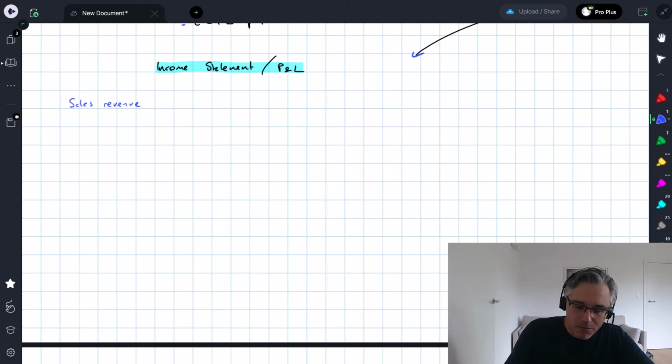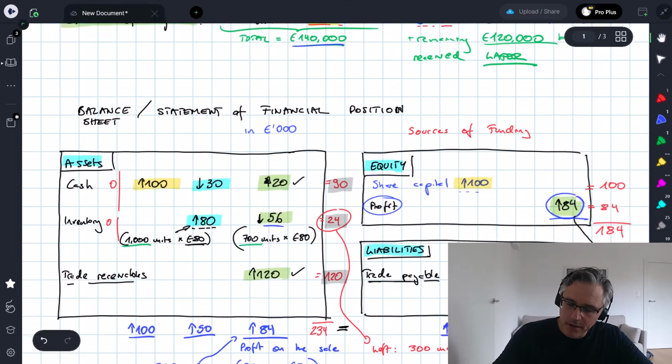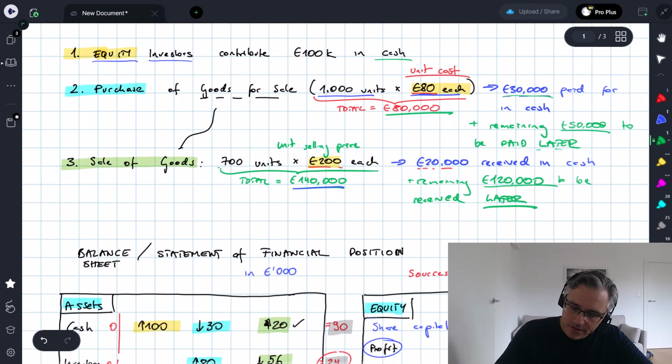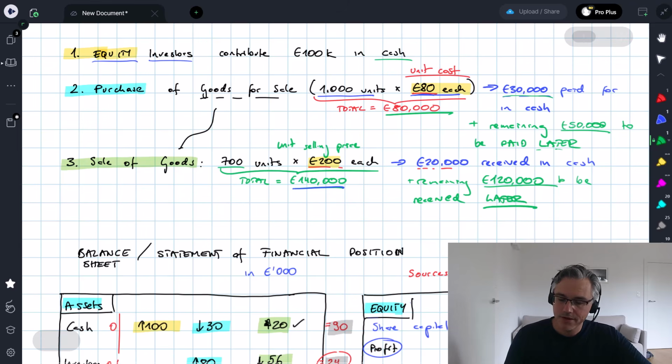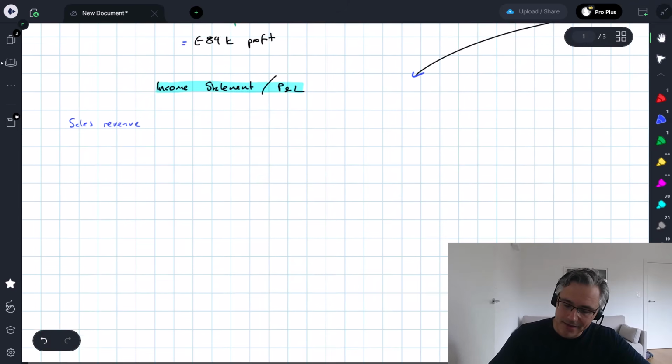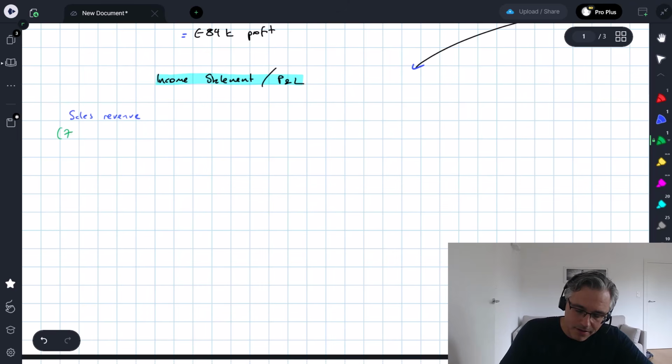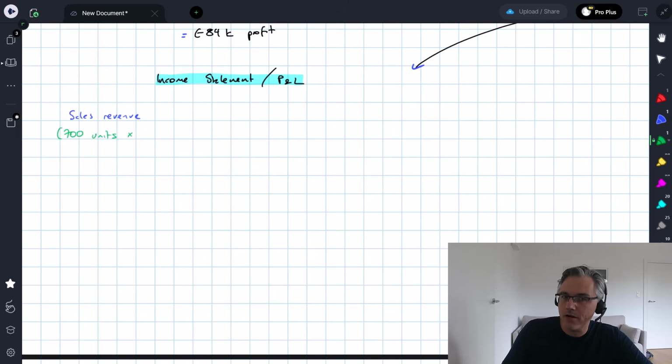In our transactions over here, we said, let's assume that the company sells 700 units at a unit selling price of 200 euros each, for a total of 140,000. And that's exactly what sales revenue is: the value of all the units that were sold at their selling prices, which of course is 140k.